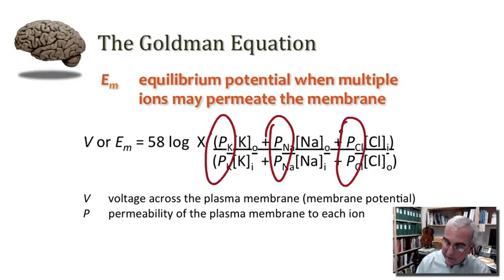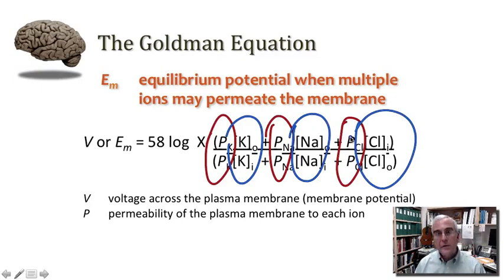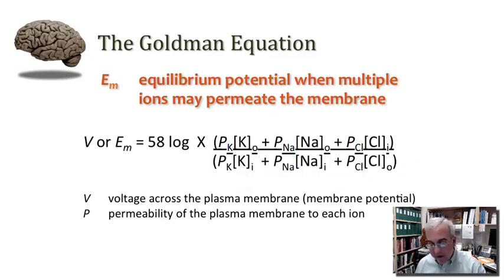And we have concentration gradients with outside over in for potassium, for sodium, and then inside over out for chloride. Now you may be wondering, why is the ratio of chloride inside to out reversed compared to what we see here for potassium and sodium?